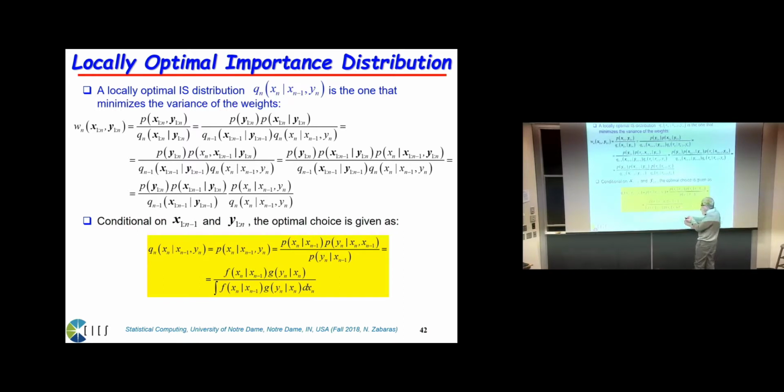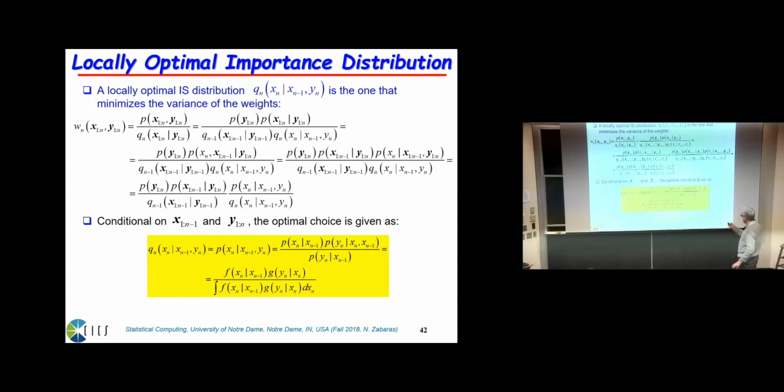There is an integral, and maybe this f and g are non-linear and maybe non-Gaussian in real problems. Now, if this is Gaussian, and I'm going to do an example, then this thing comes to be Gaussian and you're in business. If it is not Gaussian, then you may have problems, okay? But this is the optimal distribution, and it looks wonderful, right? Because it's the product of the dynamical model times the observation and some normalization factor.